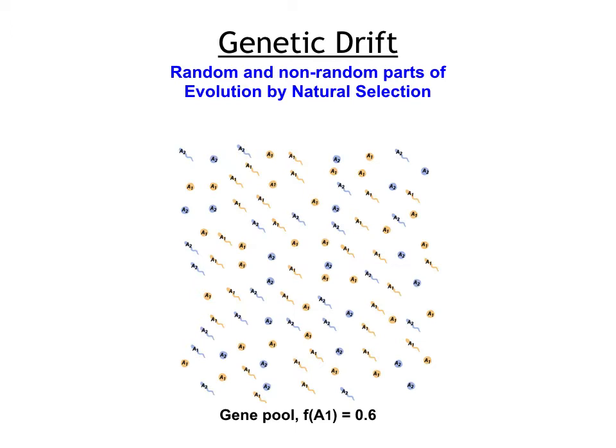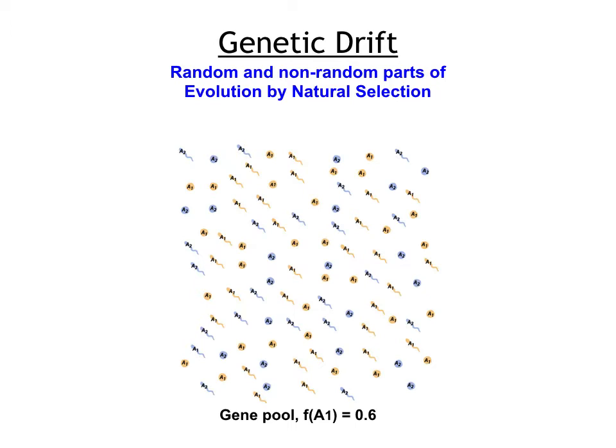Now we're going to look at another phenomenon called genetic drift. Genetic drift deals with the part of the Hardy-Weinberg model that says populations have to be large or infinite. When populations aren't infinite or very large, and as they become smaller and smaller, we see the effects of what we call genetic drift.